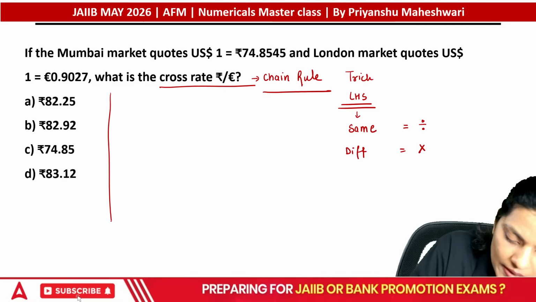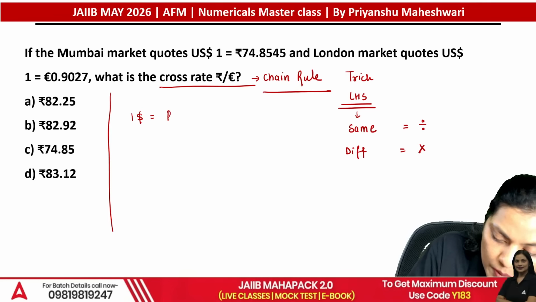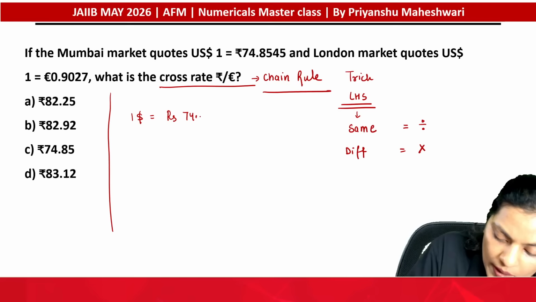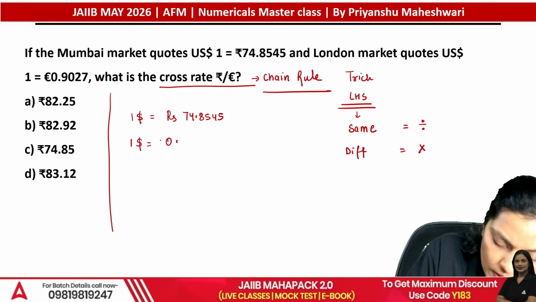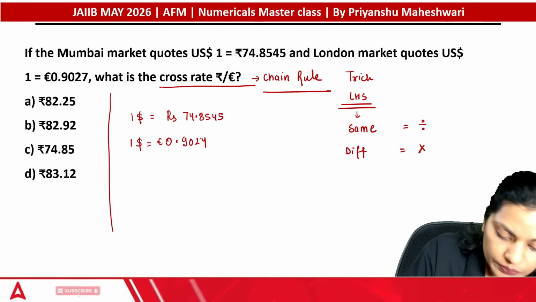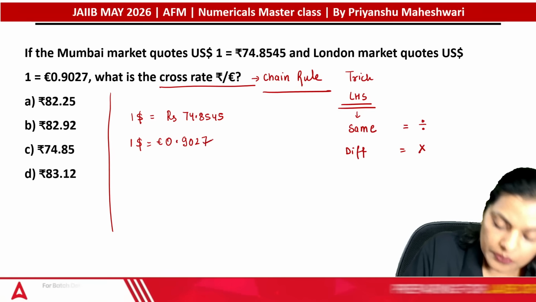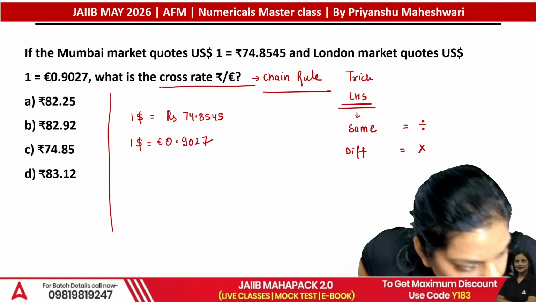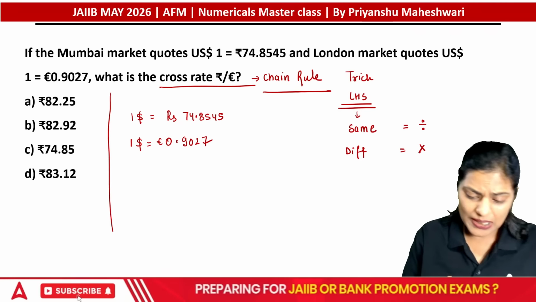Right? Now, let's see this question. The question says $1 is equal to rupees 74.8545 and $1 is equal to 0.9027. This is the value given. Correct? Now, left hand side, my currency is same or different?